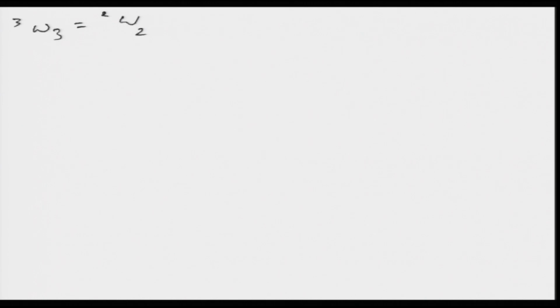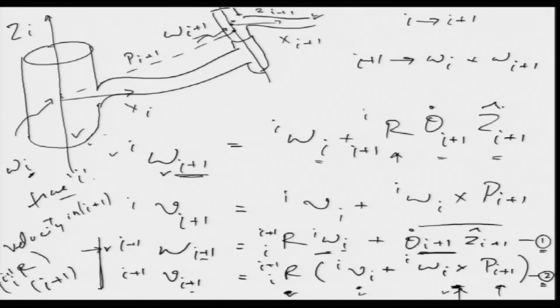Now, what about V 3? We can find the values of V 3 3. How do we find it? We can basically say that V 3 is equal to V 2, which is the velocity of the previous link, plus this angular velocity vector which is coming in because of the rotation.